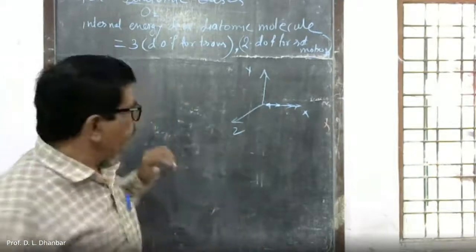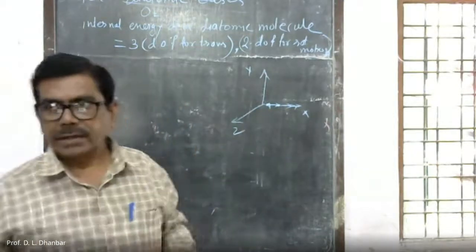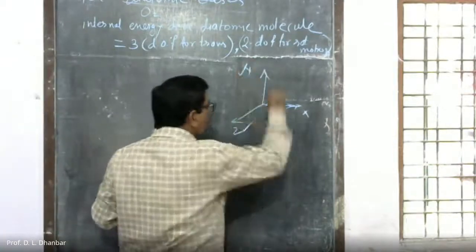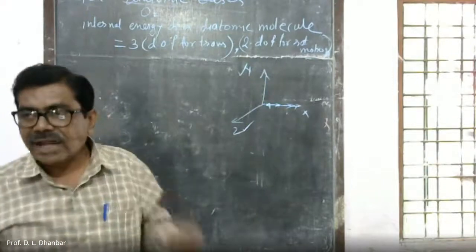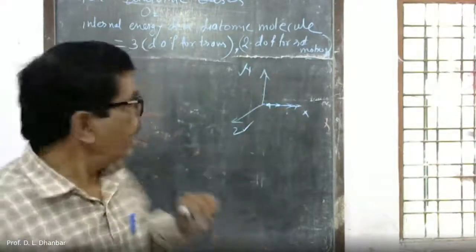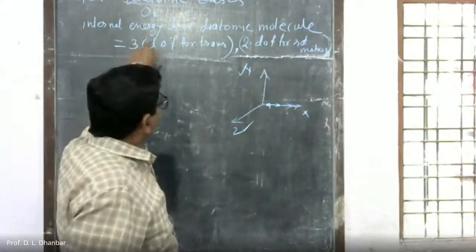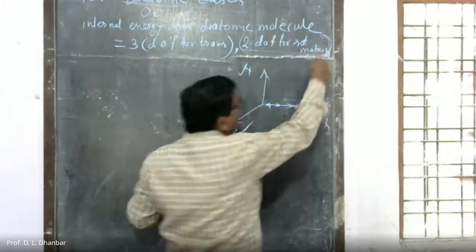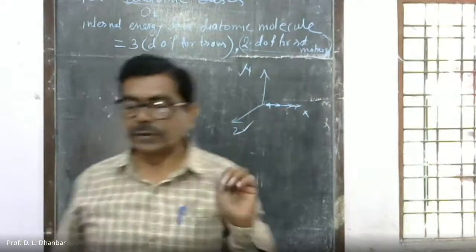These molecules are able to rotate about the y-axis as well as about the z-axis, and that's why the diatomic molecule has 2 degrees of freedom as far as rotational motion is concerned.